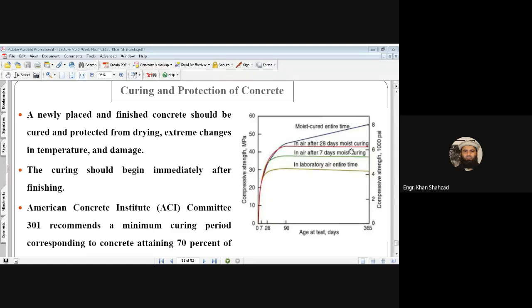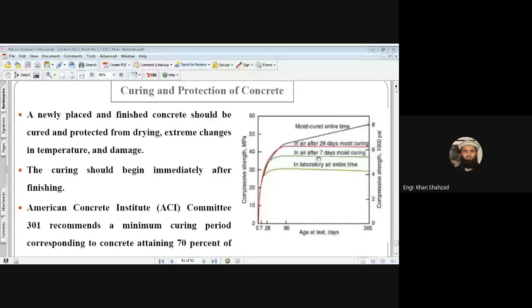All the properties of these concretes are the same when you are making them. But after finishing, you keep the first concrete in the laboratory for the entire time. You are not providing covering. You are not providing moist covering. Then its strength is the minimum.